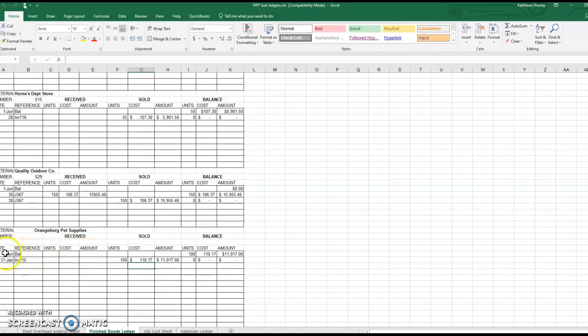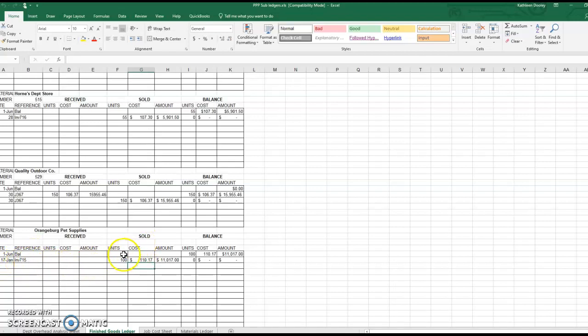Now in this case, as of the first of the month, we already had a balance of 100 units at a cost of $110.17 apiece for each doghouse, and so that total is $11,017 sitting there in the distribution warehouse. So now we actually shipped those 100 out to Orangeburg Pet Supplies. So that has to go in the sold section. We put in the date, January 17th. The reference number was invoice 715.